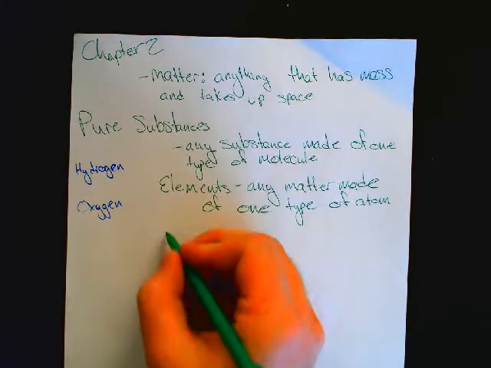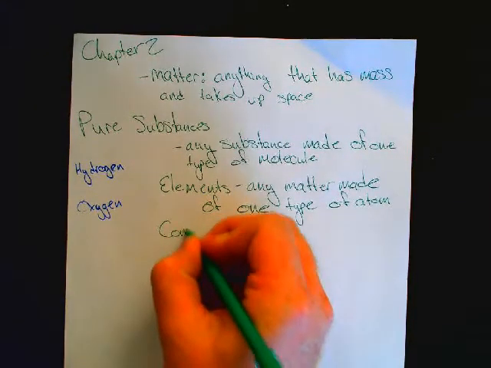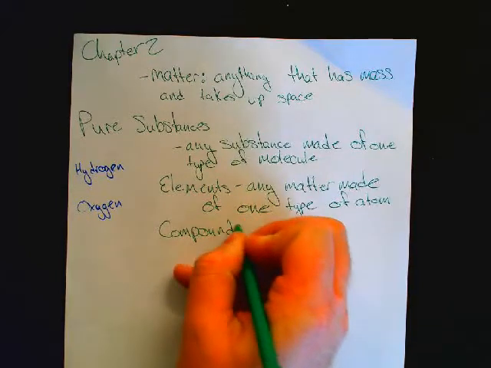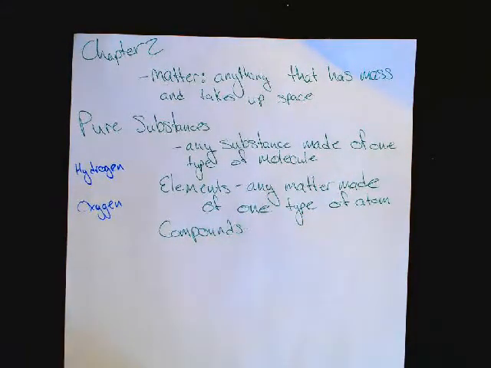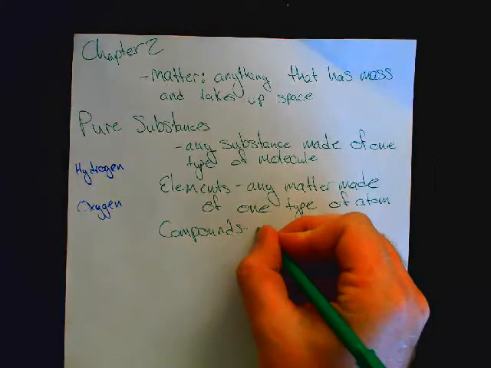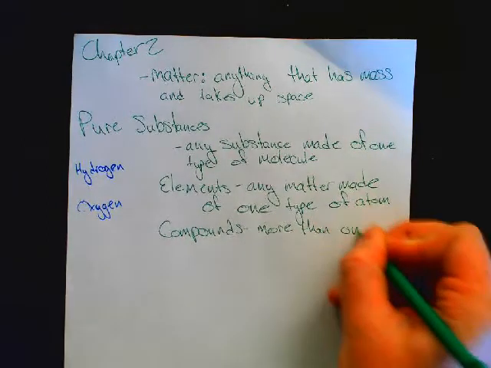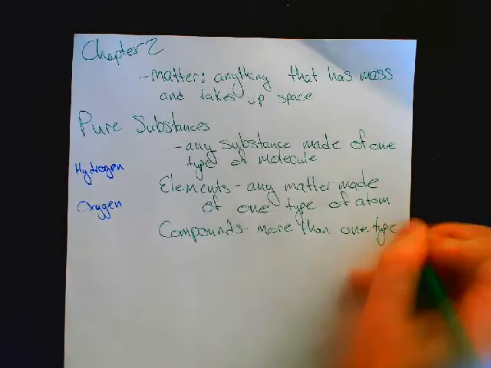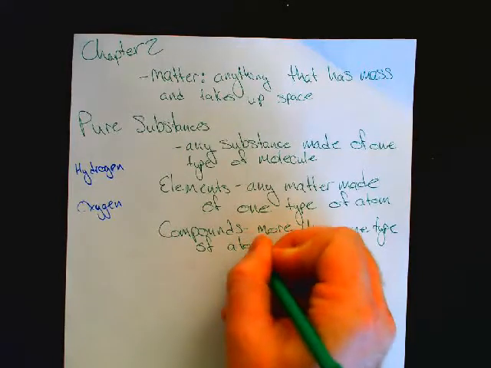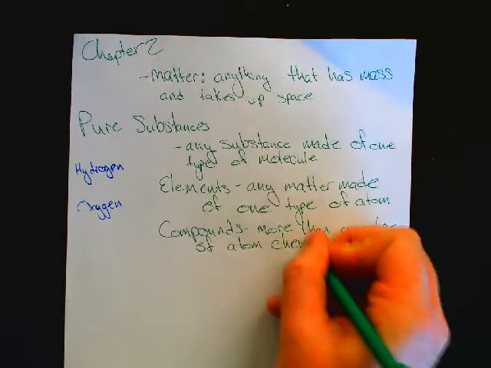Okay, our next one here are compounds. Compounds are matter that are made of more than one type of atom chemically combined.